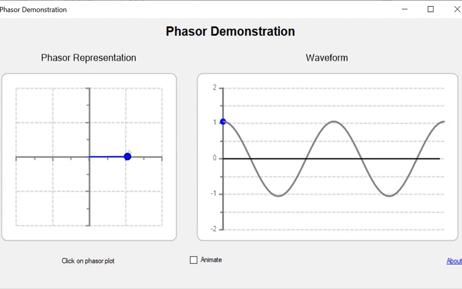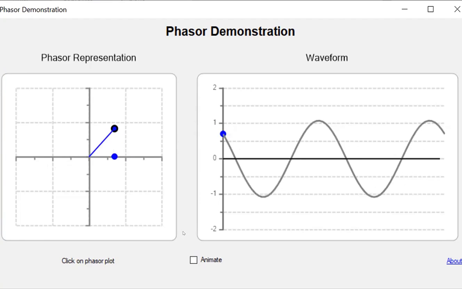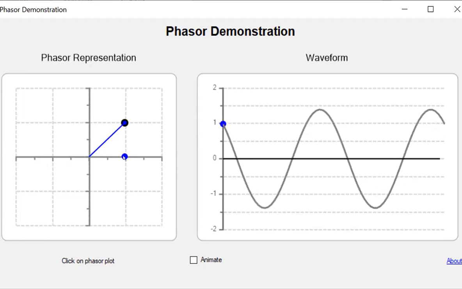So I want you to be able to see that since this is going to rotate up, we're going to start at a maximum, and then as it rotates up, its projection will become a minimum, and then it will become negative. So from a maximum, minimum, and negative. Watch what happens if we start over here. Here's a phasor which is plus cosine minus 1 times sine.